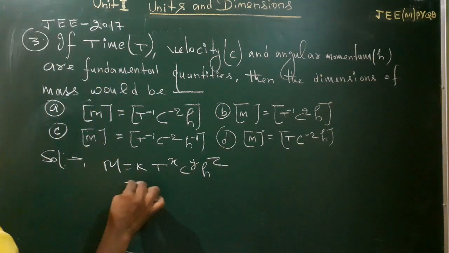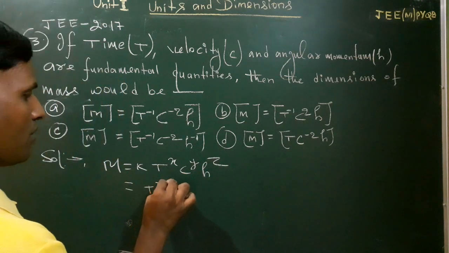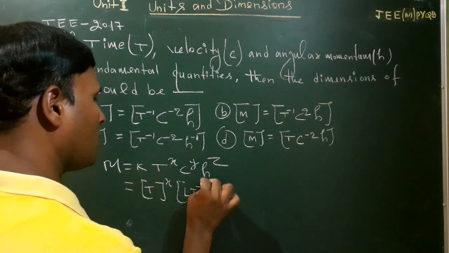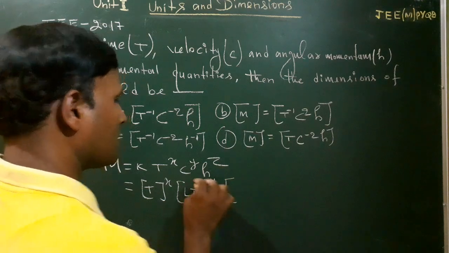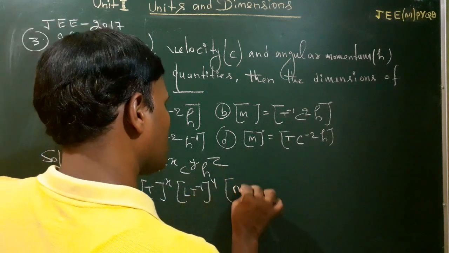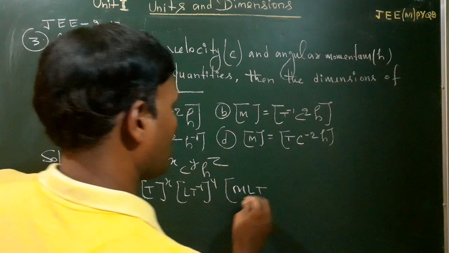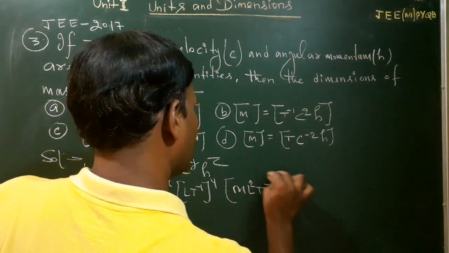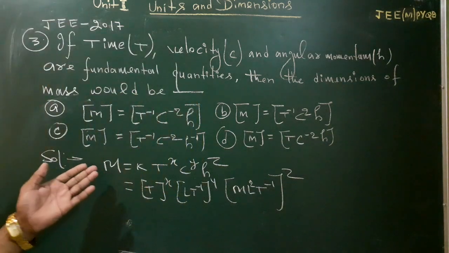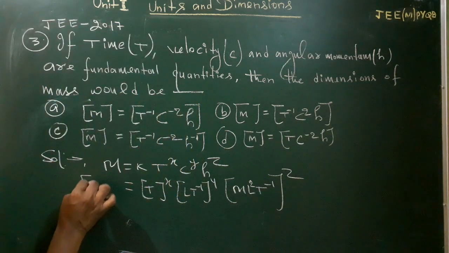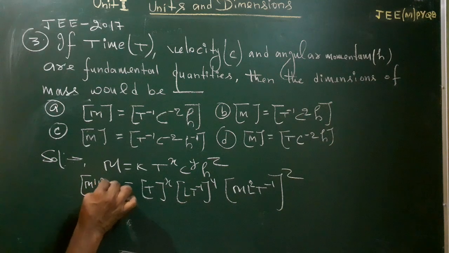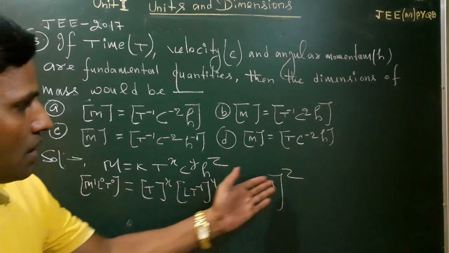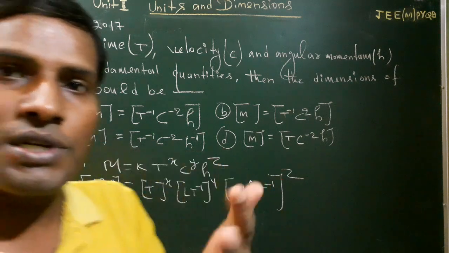Now write the dimensions: K, T power X, L T minus 1 power Y, and H is M L2 T minus 1 power Z. The dimension of mass here is M1 L0 T0.